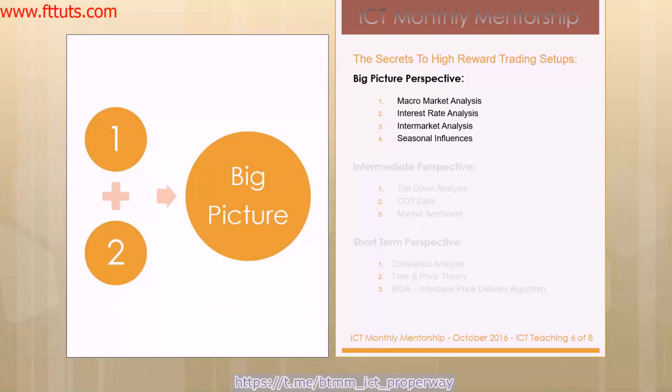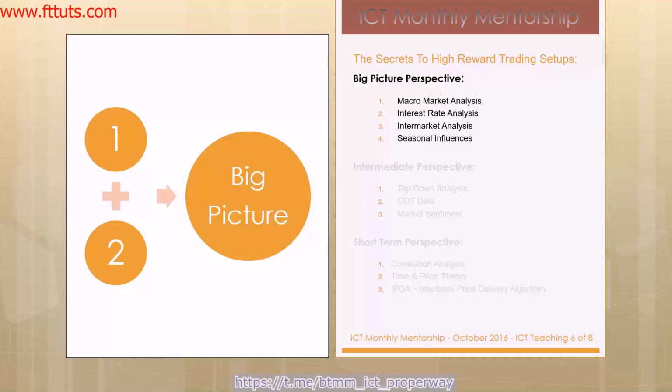Now, looking closer at the big picture perspective, we're going to take a look at what makes up our big picture perspective. Obviously, there's 4 areas of study, and again, macro market analysis, interest rate analysis, intermarket analysis, and seasonal influences. A little bit of a tongue twister there, folks.